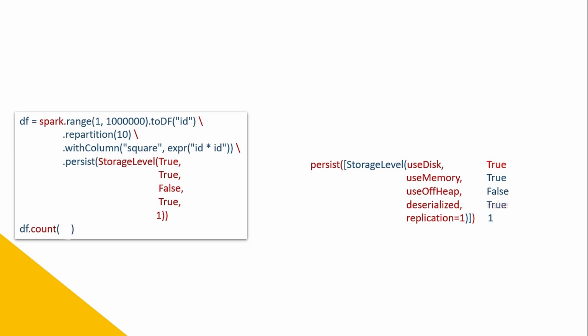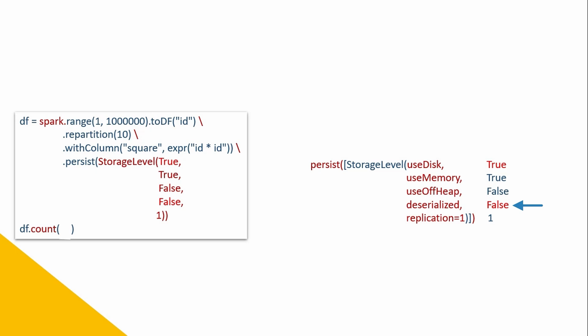Now, let's come to the deserialization. What is this? Let me explain. Spark always stores data on a disk in a serialized format. But when data comes to Spark memory, it must be deserialized into Java objects. That's mandatory for Spark to work correctly.